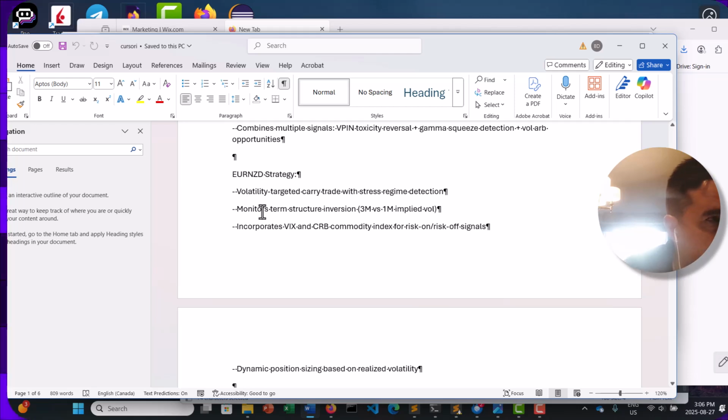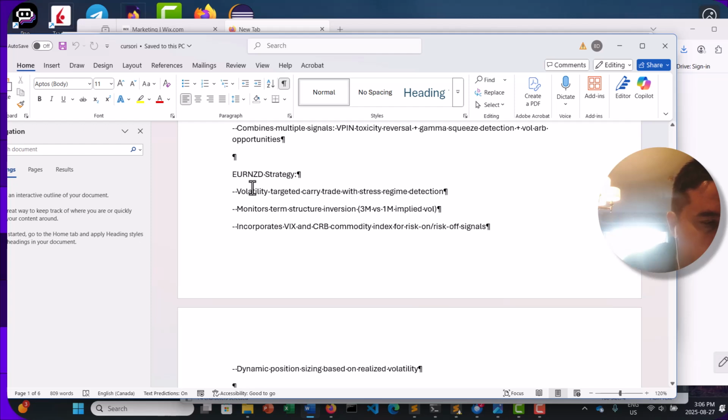These are the ones 2 days ago that the AI identified as potentially strong movers. This may no longer happen. It doesn't matter. The point is the different types of methodologies used here. So we have a volatility targeted carry trade with stress regime detection. Again, did you know about that? That's for Forex trading.